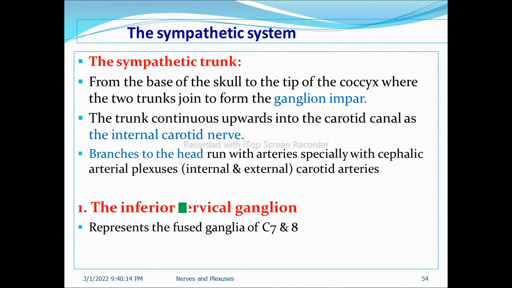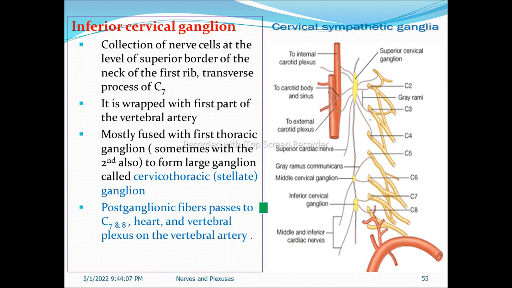So we have three ganglia in the neck, the cervical ganglia. The first is the inferior cervical ganglion. This represents the fused ganglia of C7 and C8. It is a collection of nerve cells at the level of the superior border of the neck of the first rib and the transverse process of C7.